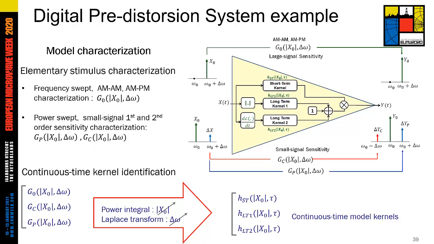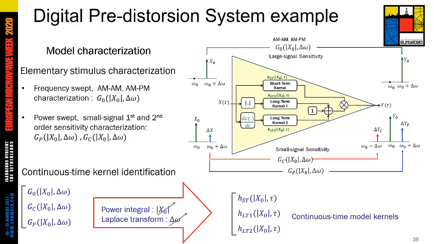In this diagram, we represent a first path where the short-term kernel is characterized by a CW signal, whose power and carrier frequency are swept. This corresponds to recovering the AM/AM and AM/PM characteristics.